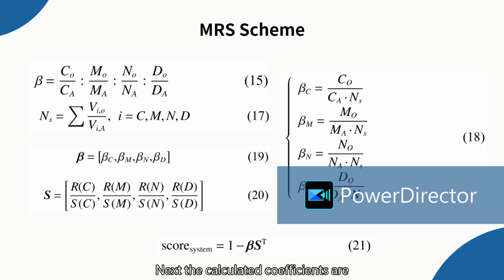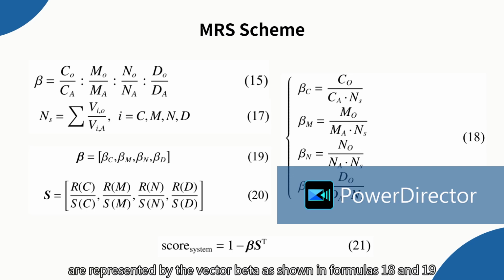Next, the calculated coefficients are normalized as described in Formula 17. This ensures that all resource weights are proportionally balanced. The normalized coefficients for each resource type are represented by a vector beta, as shown in formulas 18 and 19.